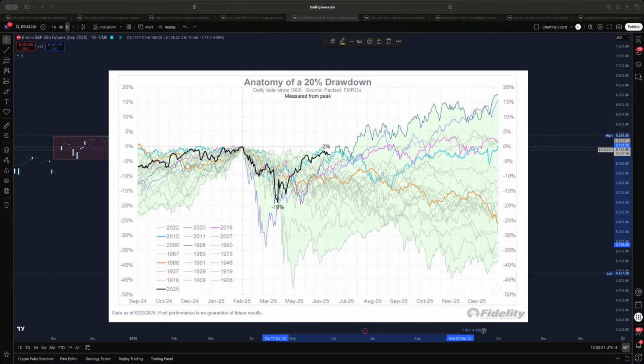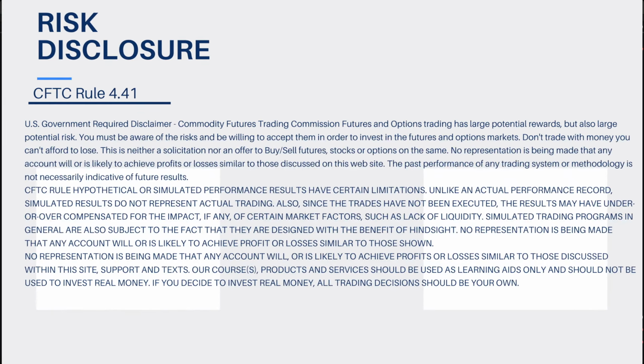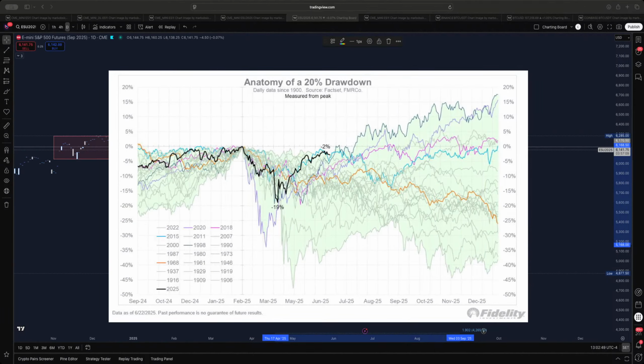Keep in mind that none of the arguments presented here are financial advice, only a disclaimer. Going back into the chart, the anatomy of a 20% drawdown: what happened when the price action recovers a 20% drawdown, or what occurred previously during those V-shaped recoveries?